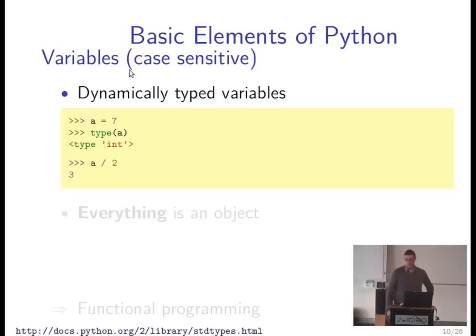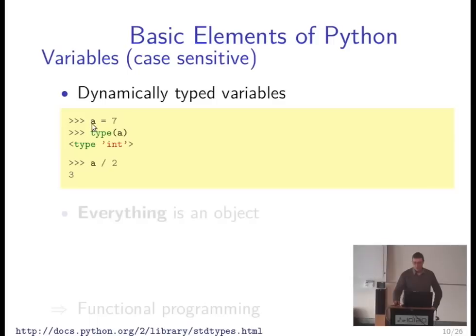And one important point for Python is that the variables are dynamically typed. That means that you do not have to write the type of the variable that you want to have, in contradiction, for example, to C++, but this is automatically evaluated.